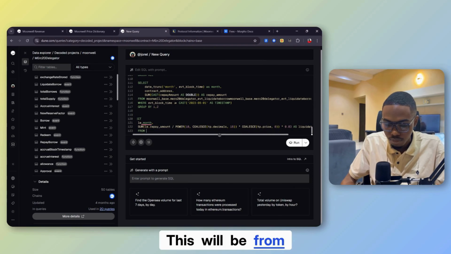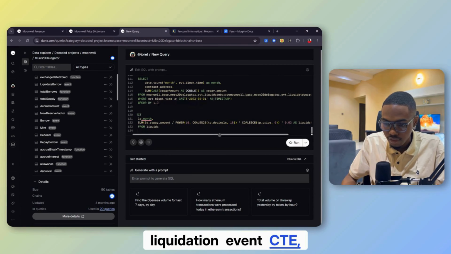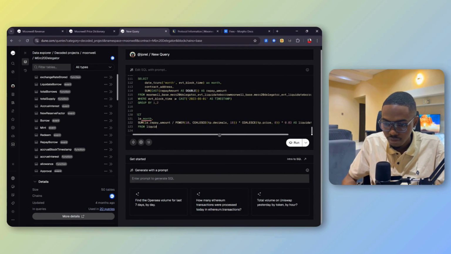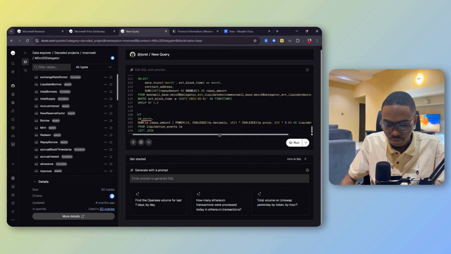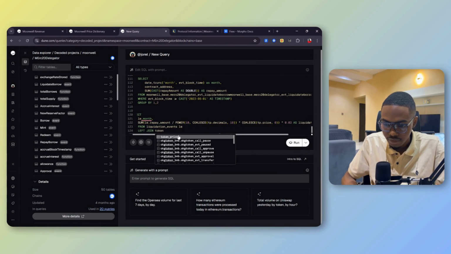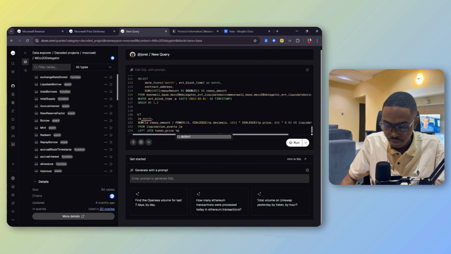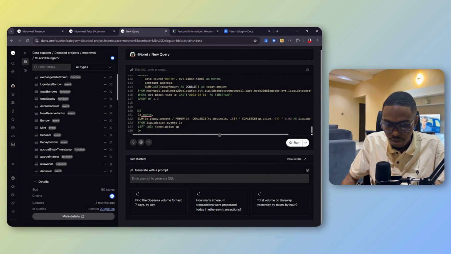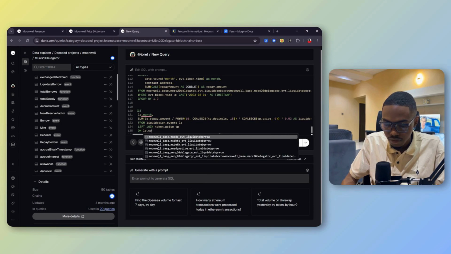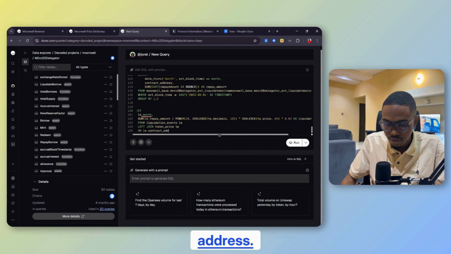This will be from the liquidation events CTE, which is LE, then you left join the token price CTE, which is TP, joining on the contract address on the contract address and token.